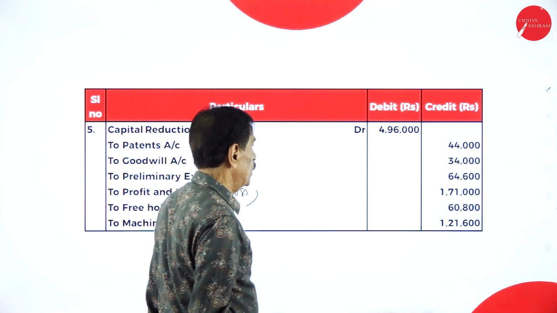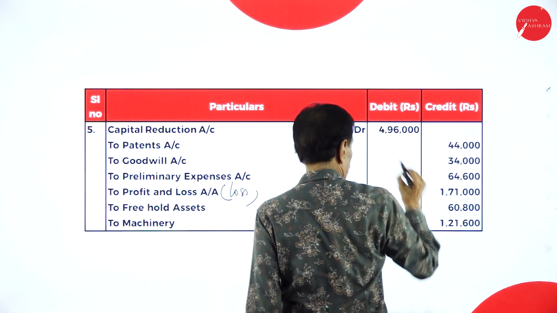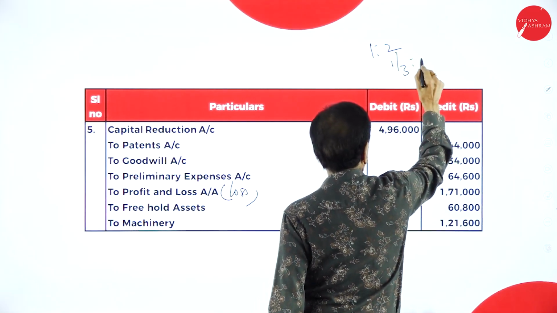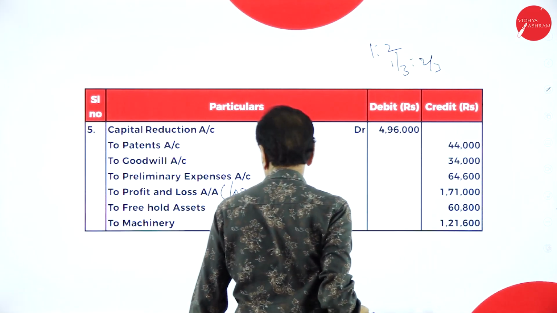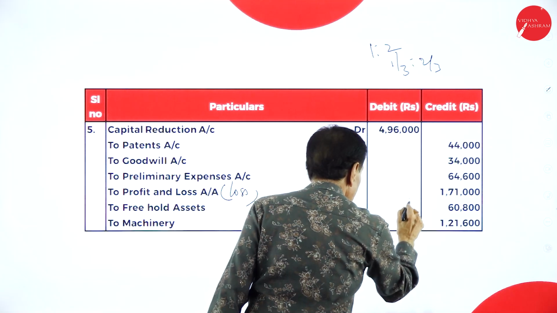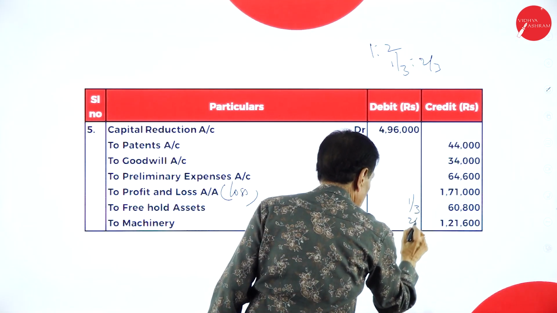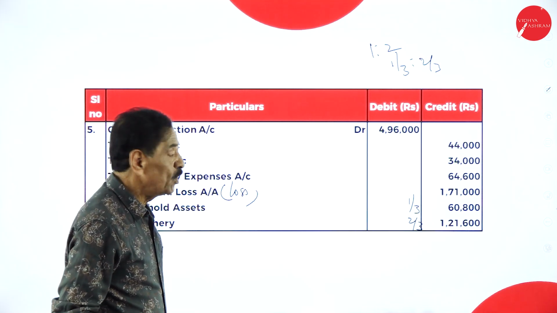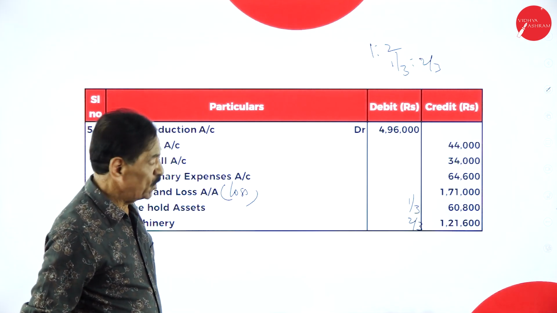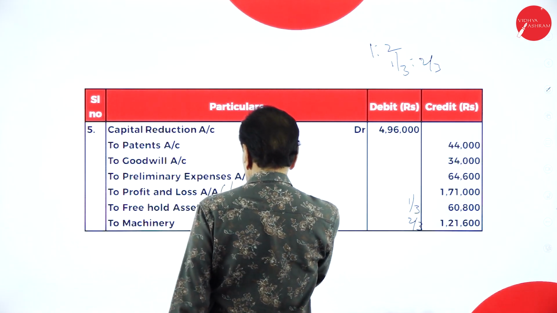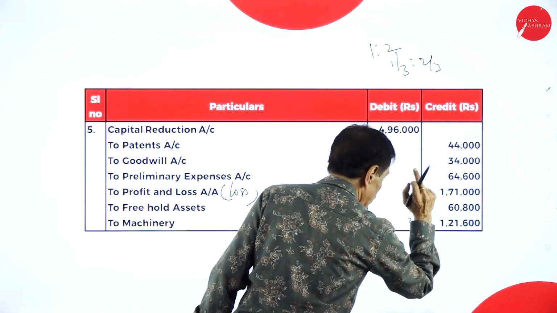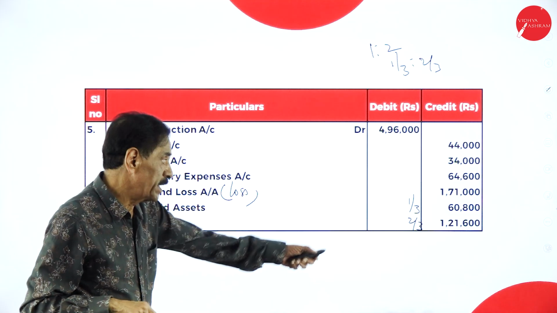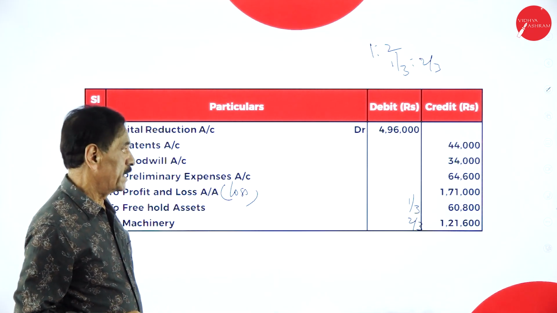So they are in the ratio of 1 is to 2. Whatever amount is left over has been shared in the ratio of 1 by 3 and 2 by 3. So 1 by 3 of the total amount available will be 60,800, and of the balance available, 2 by 3 is 1,21,600.